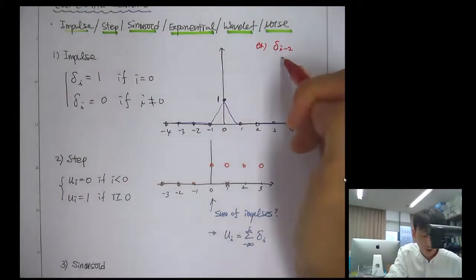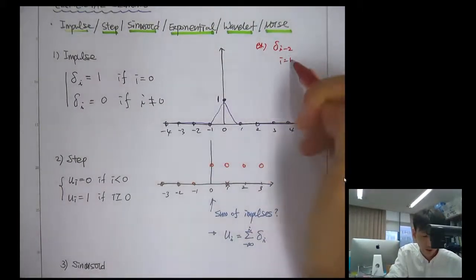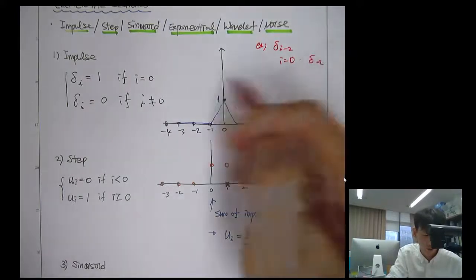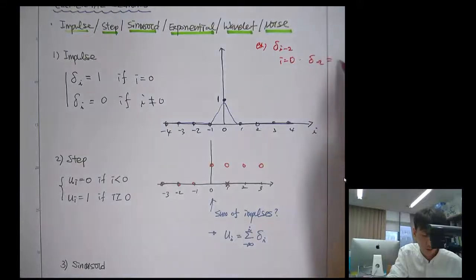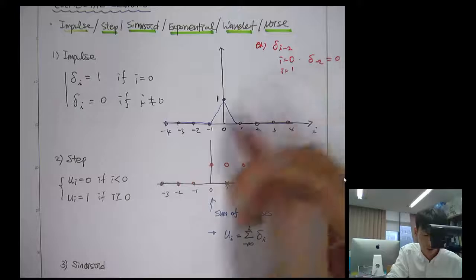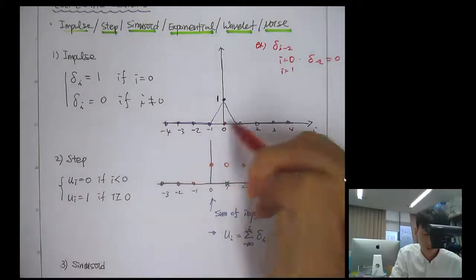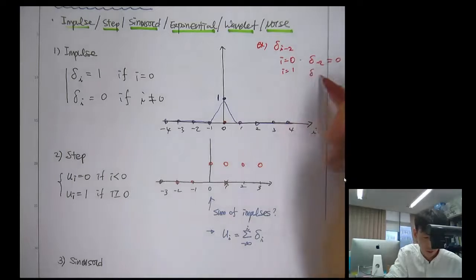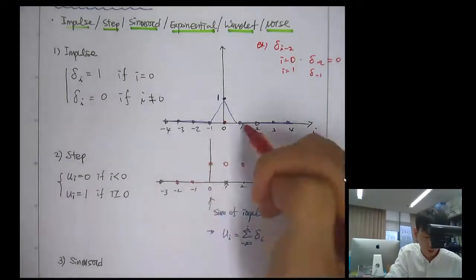When i is 0, delta minus 2 should not be 1, so this should be 0. When i is 1, delta will be minus 1, so it's 0 here too.